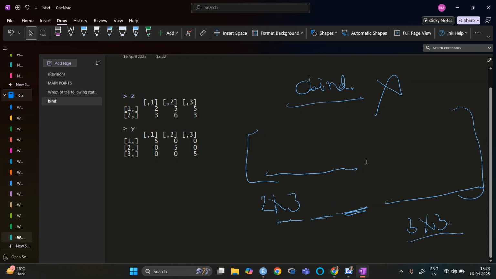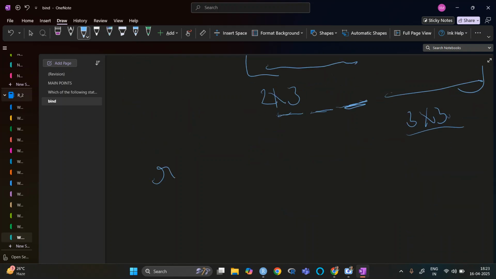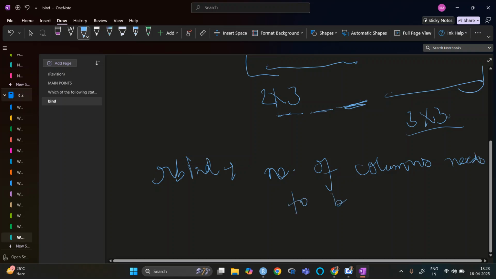So if you get a question like that, for the cbind, what is the necessity? Then the necessity is the number of rows needs to be the same. For the rbind, the number of columns needs to be the same, and in rbind, the number of rows can be different.